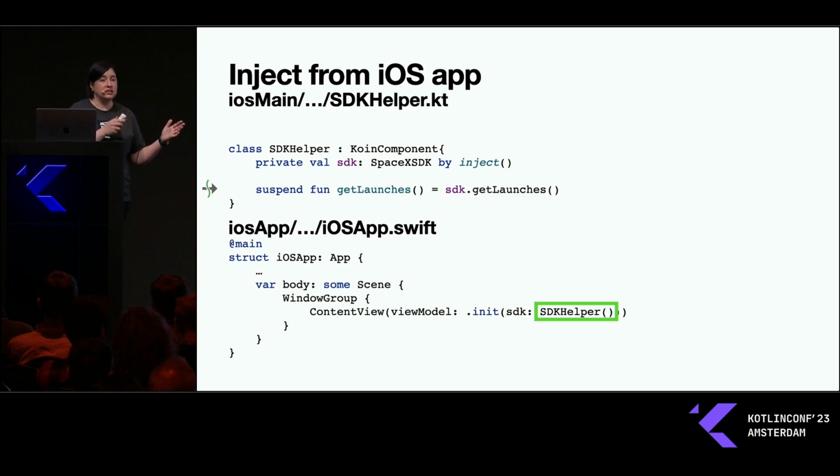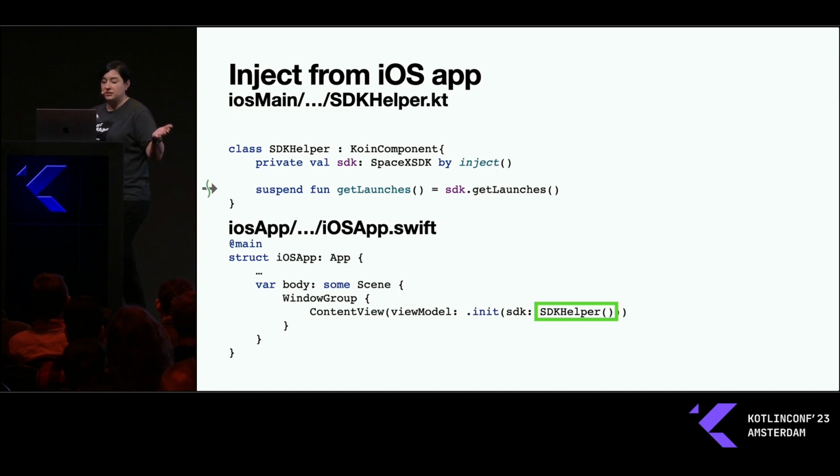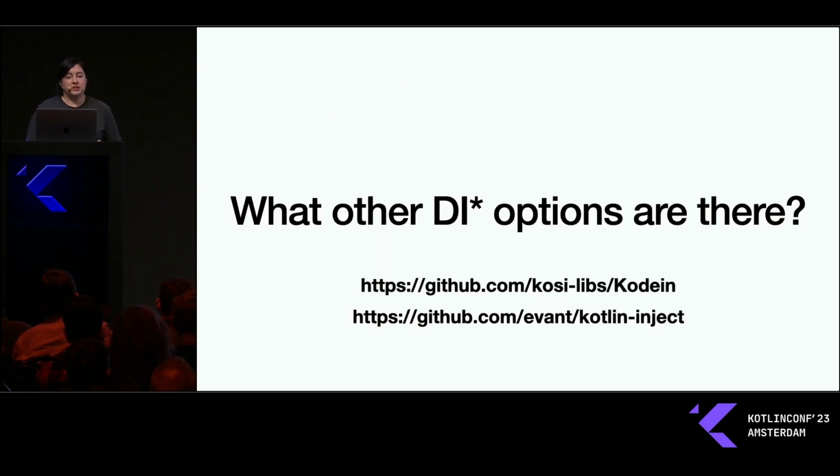And then in iOS app, in the Swift code, instead of using SpaceX SDK, we are now using the SDK helper wherever we used the SDK before. So in the init part where we inject the SDK, we're just passing in SDK helper instead. So perhaps you're wondering what other DI options are there. Well, there is Koin from Solomon Braze and Kotlin Inject as well.